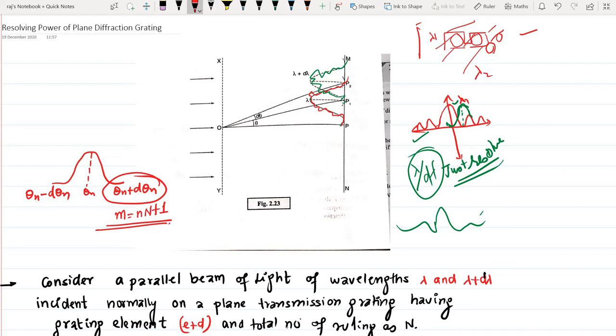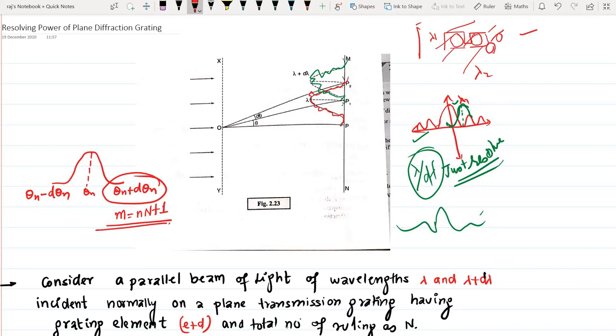Actually there are two lights, but because of the coinciding principal maxima we are not able to recognize them. When the vehicle comes closer, we see that the principal maxima lies on the first minima of the other wavelength. At that time we are just able to identify that there are two lights, not one. That case is called the just resolved case.